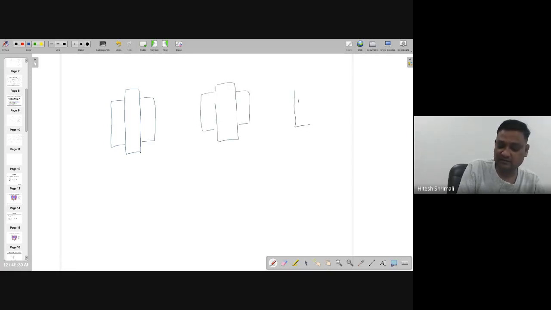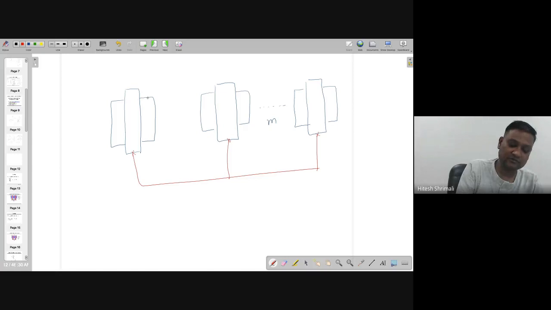like this. I'm drawing the layout, by the way, for your information. So such M transistors are in parallel. I'm connecting all the gates together, all the drains together, these are the drains, and sources together.